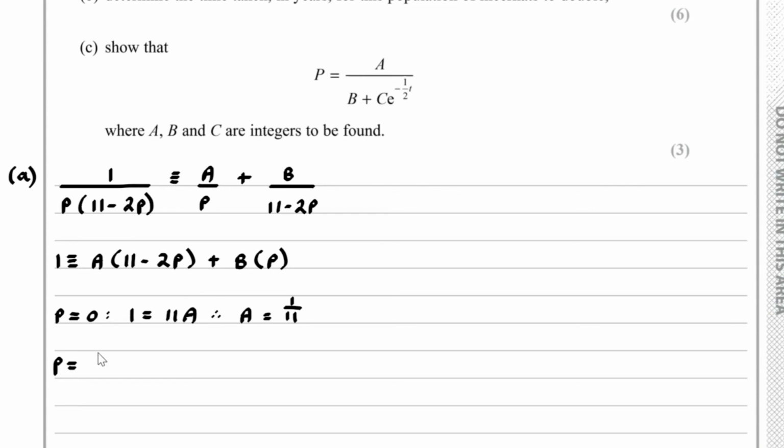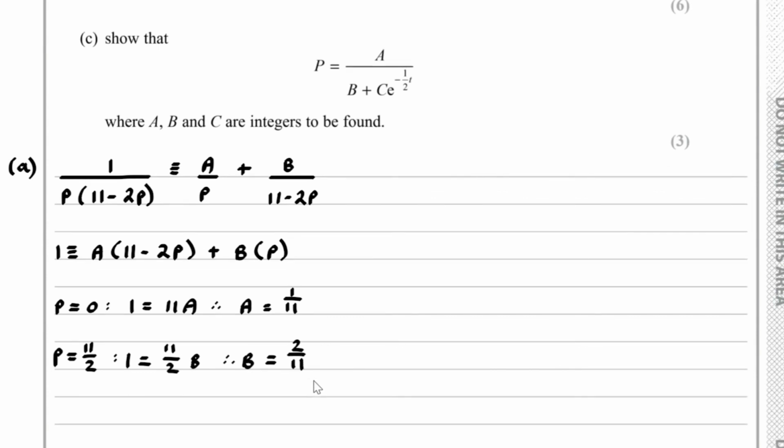And when p is equal to 11 over 2, I've got 1 equals 11 over 2 b, in which case you can see b is equal to 2 over 11.